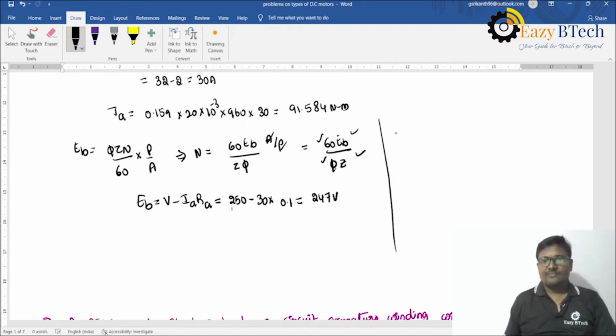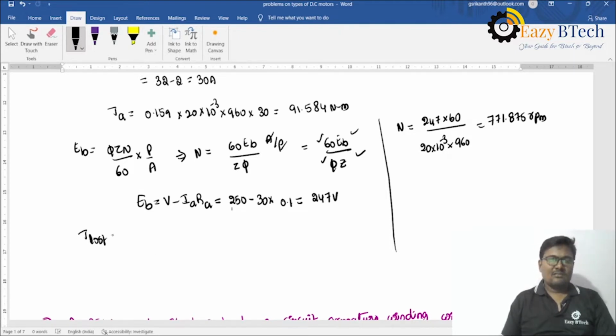Substitute here, then N is equal to 247 into 60 divided by 20 into 10 to the power of minus 3 into the number of conductors 960. Finally I got 771.87 rpm.